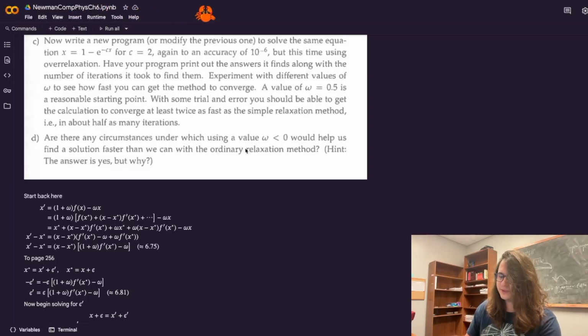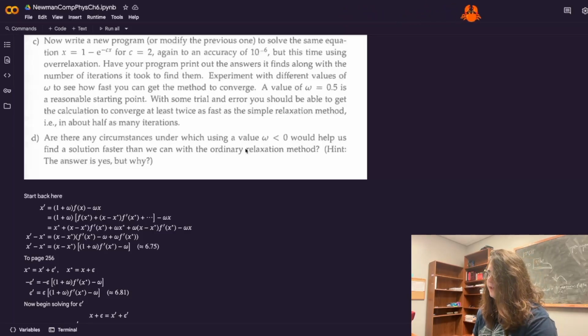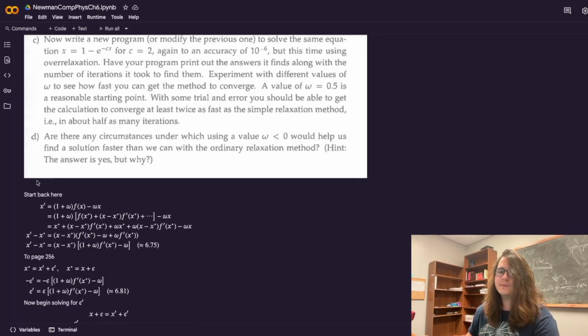It will make it so that the variation as you go from x1 to f of x1 is really small instead of however big it would be if you just plugged in f of x1. And so you can converge on a solution faster in that case if you have a vastly varying function. Right. I think that's good.